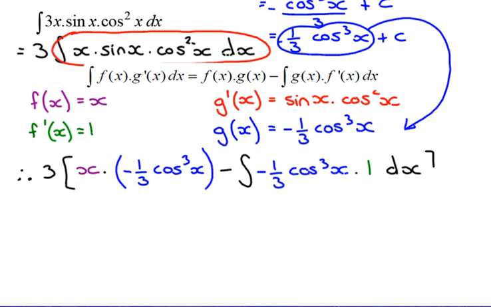Don't forget to close those brackets. Again, I'm just going to leave my 3 outside for the moment. We'll see soon enough if we can multiply it in. Let's pretty this up a bit.